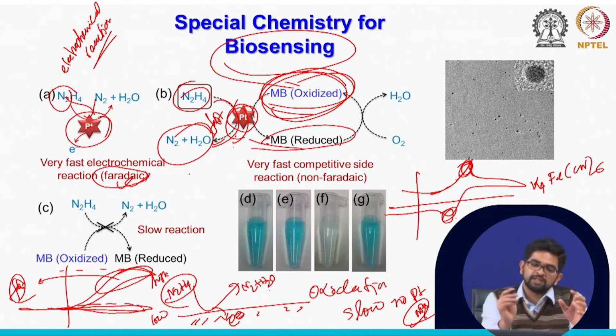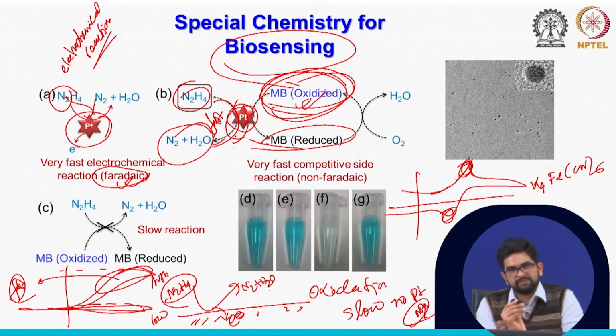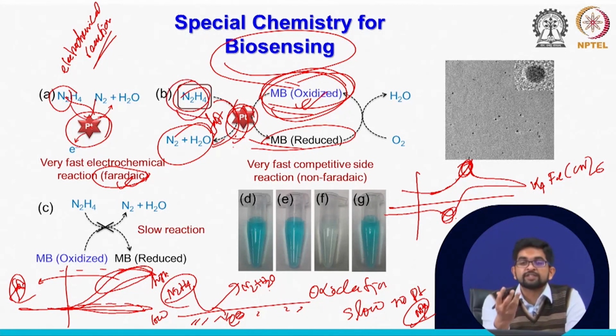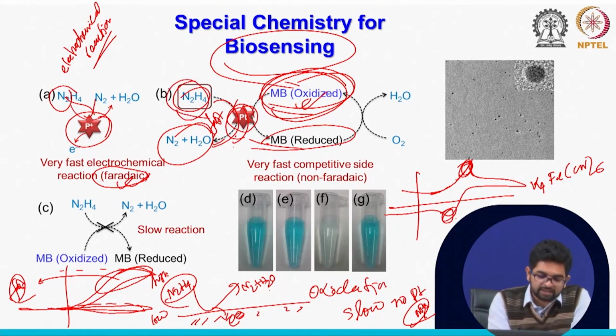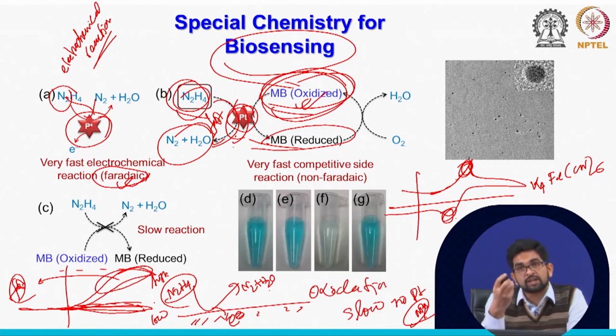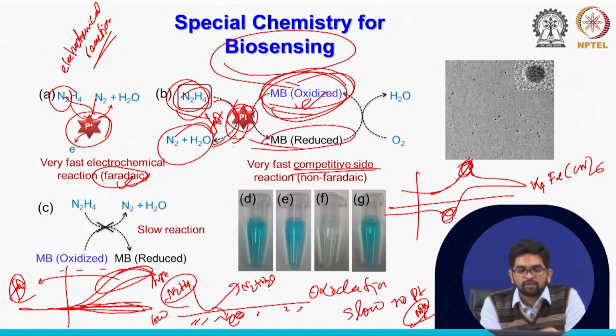Your hydrazine is actually consumed on the platinum surface because of the methylene blue. Clear? So methylene blue is kind of a side reaction, a reaction which is actually consuming the hydrazine on your sensor surface, on your electrode surface. So methylene blue is consuming the hydrazine. That's why it is called a side reaction, and it is a competitive reaction. Why is it competitive?